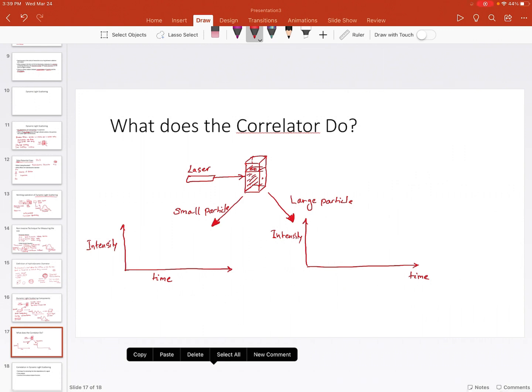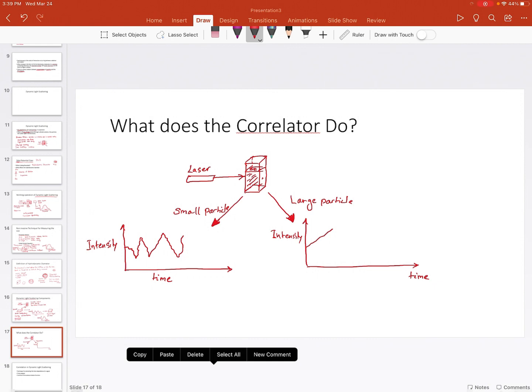Now with small particles, the intensity will fluctuate rapidly because these particles are moving fast. So we have a diagram similar to this. The fluctuation intensity versus time is changing rapidly.